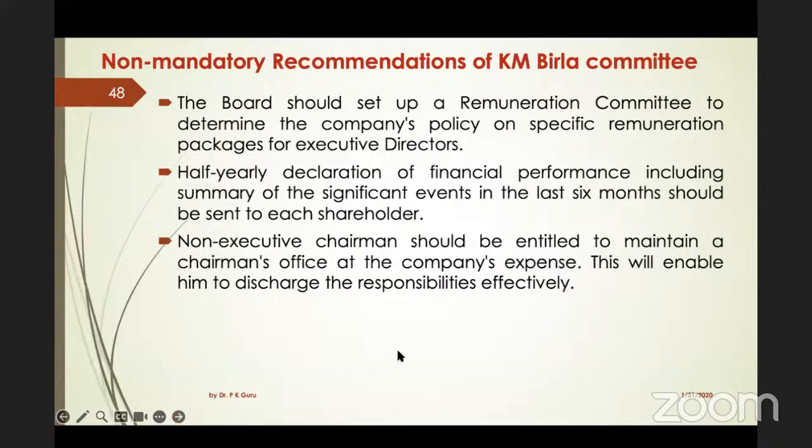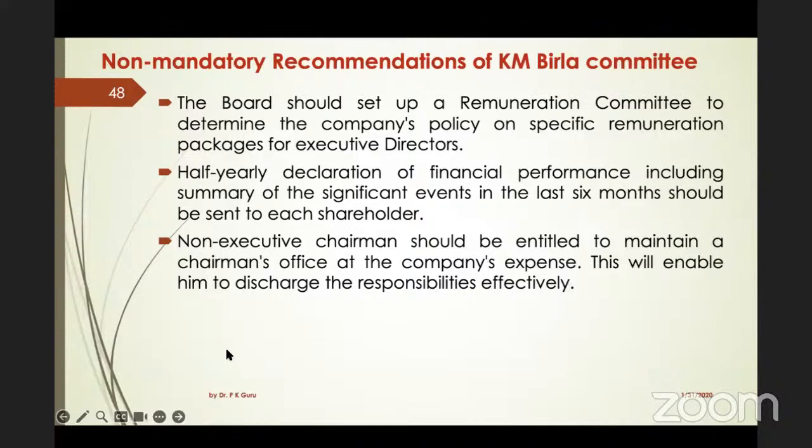Non-executive means who is not working on a full-time basis. He is a chairman of the board, but only attends the board meetings or whenever called for or required. So that type of chairman is entitled to a home office.